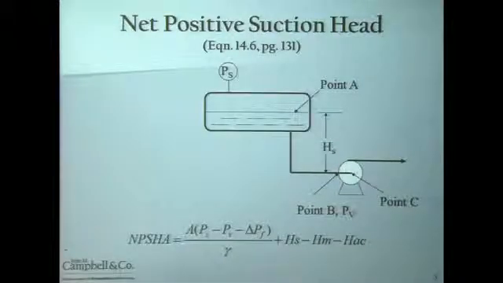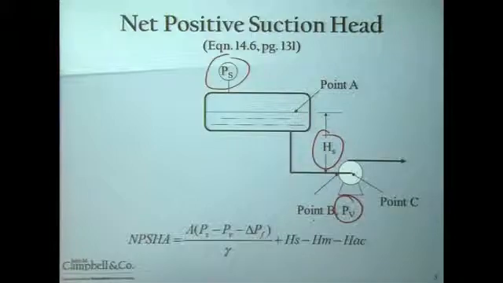Okay, what we show is a separator, and we have the suction pressure of the vessel, which is indicated by P sub S. We have a height of the liquid above the center point of the pump, which is noted by H sub S, and we have the vapor pressure of the liquid going into the suction of the pump.